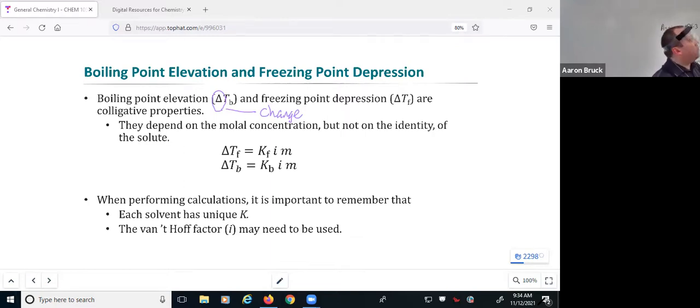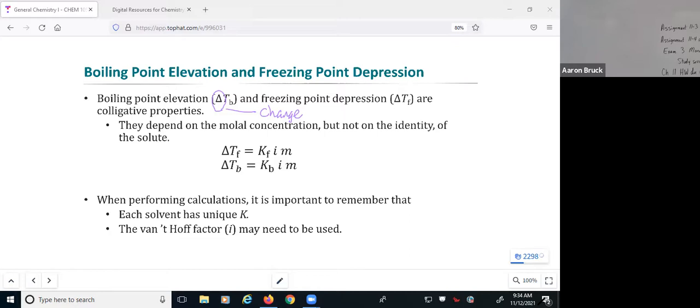So delta TB indicates a change in TB, TB being the boiling temperature of our particular substance. Delta TF would indicate a change in TF, TF being the freezing temperature of our substance.